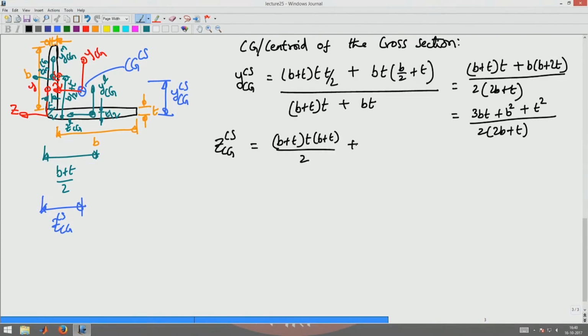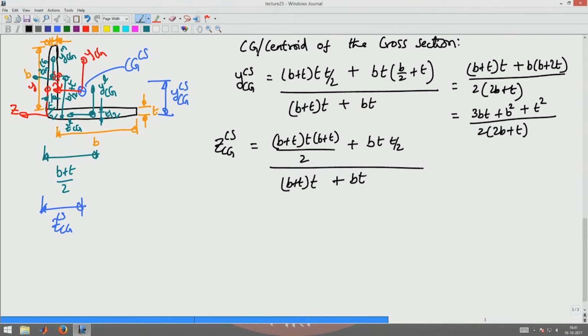Plus, for the vertical member, it will be B into T, which is the area of that member, into its z distance of the centroid, which is this T by 2 in there, divided by B plus T into T plus BT.